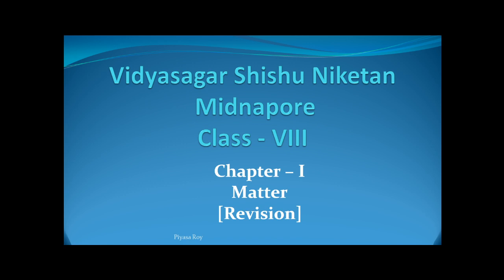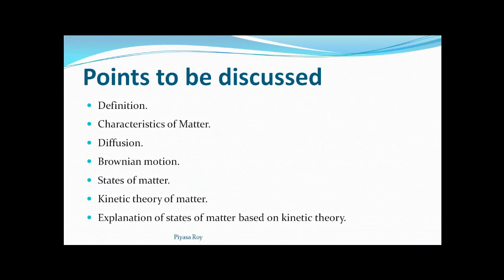Chapter 1 we will revise today, where the definition of matter will be there, characteristics of matter, diffusion, Brownian motion, states of matter, kinetic theory of matter, and explanation of states of matter based on kinetic theory. These are our points to be discussed today.